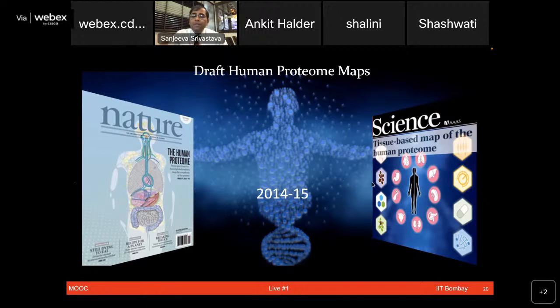With the advancement that happened in the mass spectrometry field, in 2014, for the first time the draft human proteome map was deciphered to reveal 70% of the human proteins. Next year, an antibody-based approach came forward to make the tissue-based human proteome map.